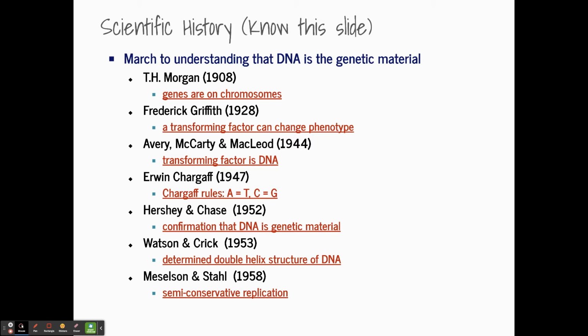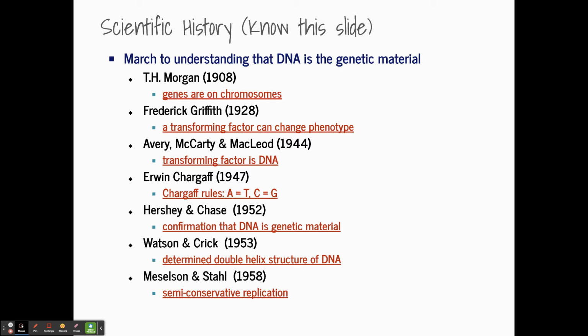In 1908, T.H. Morgan found that genes are located on chromosomes. So remember, genes are sections that code for a trait, which are found on different chromosomes. In 1928, Frederick Griffith described that a transforming factor can change the phenotype.